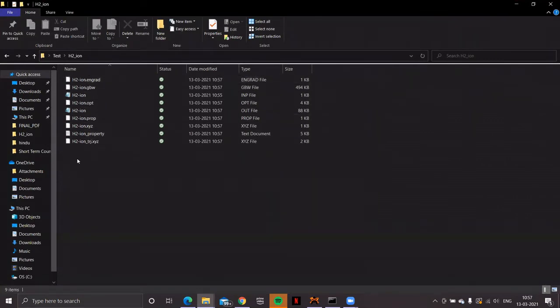So many output files, but the most important one is the second one with the extension name .gbw, H2-ion.gbw. GBW stands for geometry, basis set, and wave function. So this particular file has detailed information about the geometry of the molecule, the final optimized geometry, then the final basis set.